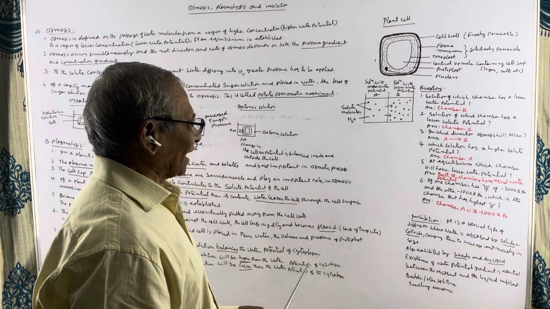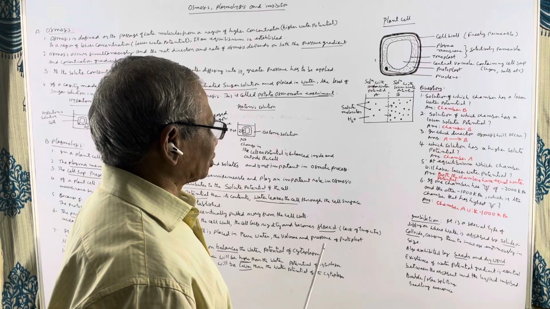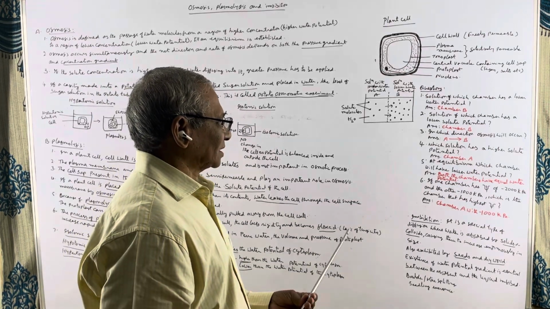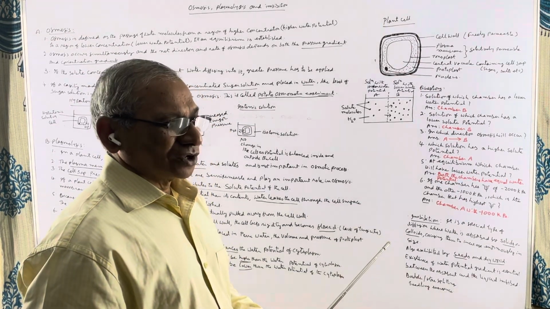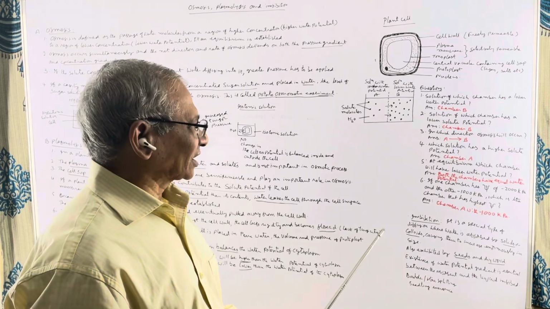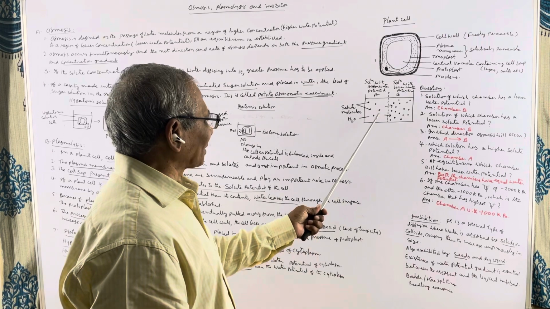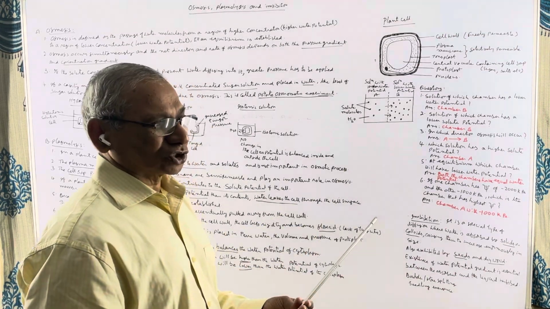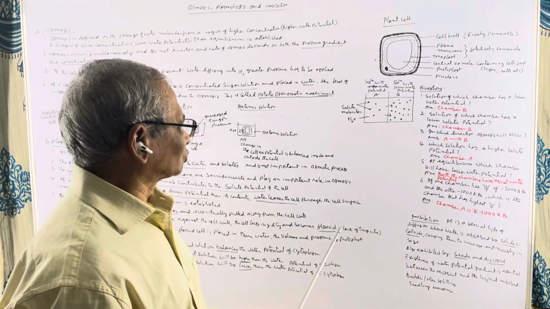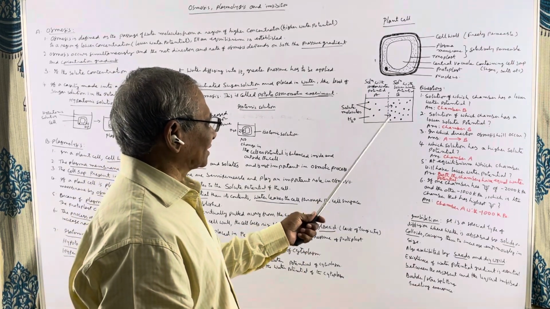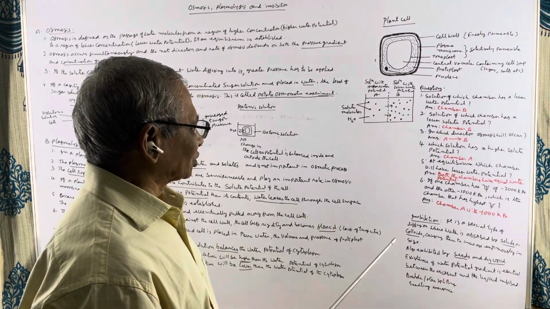Which solution has a higher solute potential? The fewer the solute particles, the greater the solute potential. So here, chamber A has fewer solute molecules or particles. So chamber A has a higher solute potential.